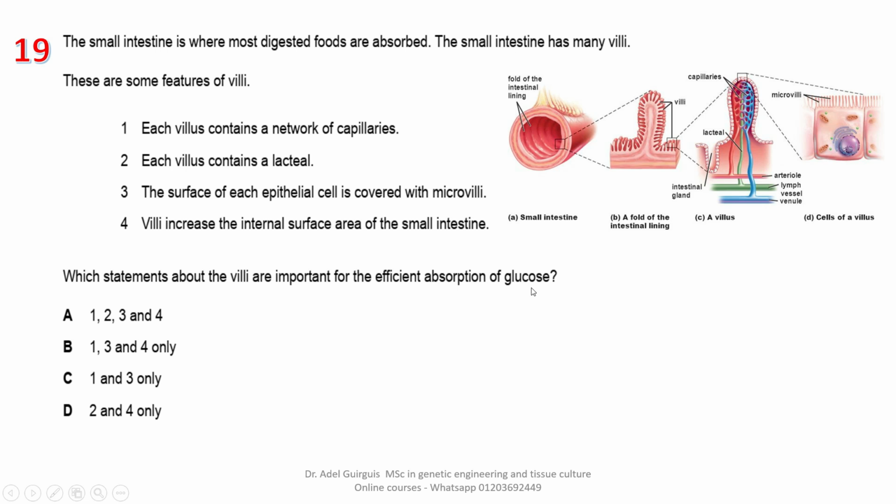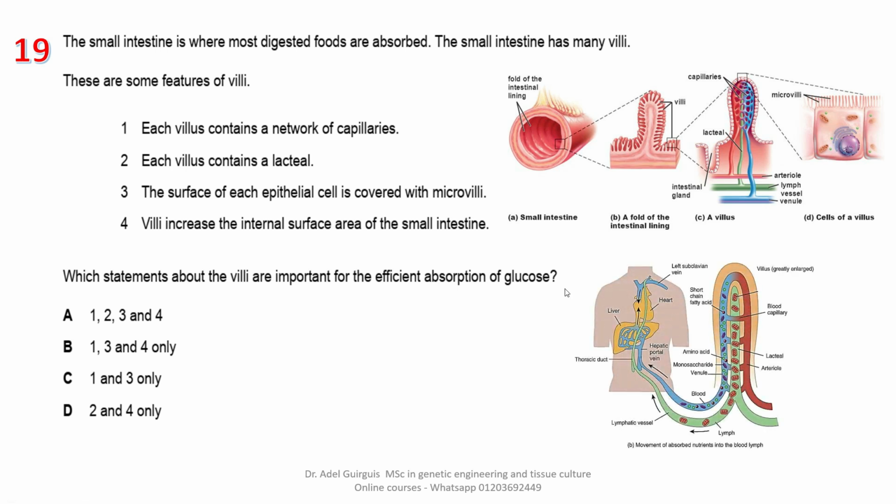Okay, what about the other features? Look at the villus from inside. It contains a network of blood capillaries and a lacteal vessel or lymphatic vessel. The lymphatic vessel is needed for fat absorption, absorbed fatty substances like fatty acids, glycerol, cholesterol, and fat soluble vitamins like vitamin D. Okay, what about glucose?